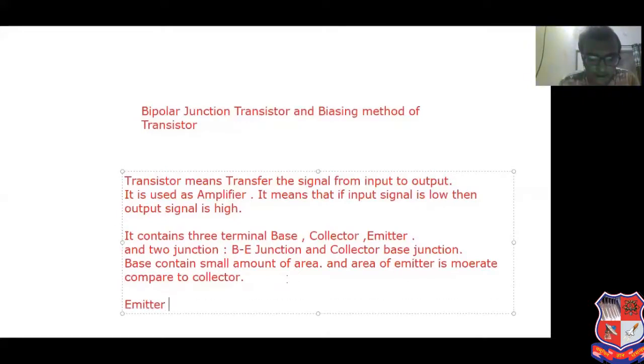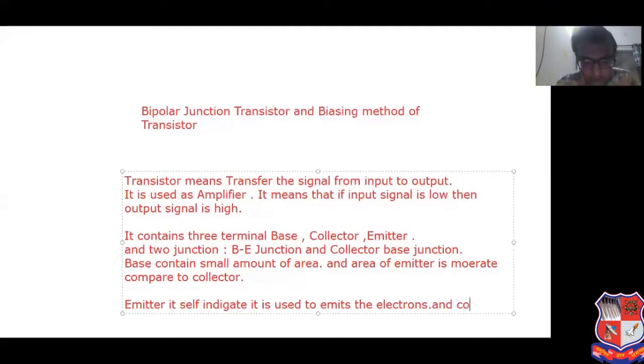Emitter itself indicates it is used to emit the electron. The electron means what? It transfers the electron from one point to another point.